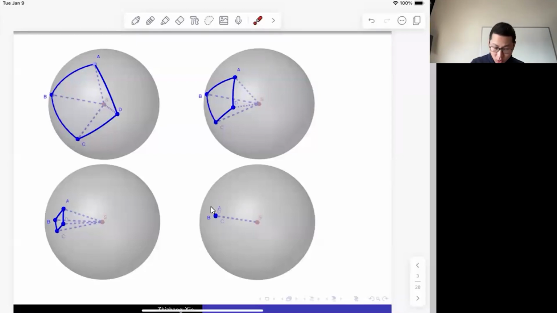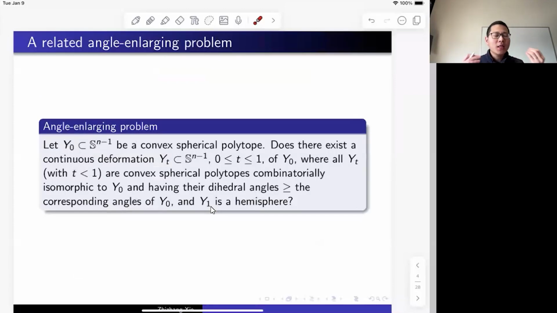That's what my goal is, to explain that. Now, to be precise, what we really need in the index theorem that we prove is not quite the original angle shrinking problem. In some sense it is a dual version. It's an angle enlarging problem. So it goes like this.